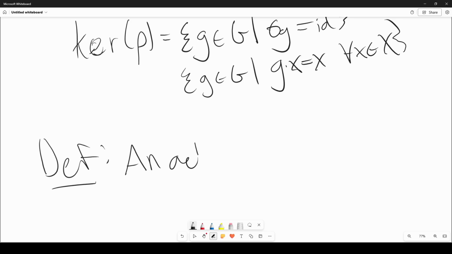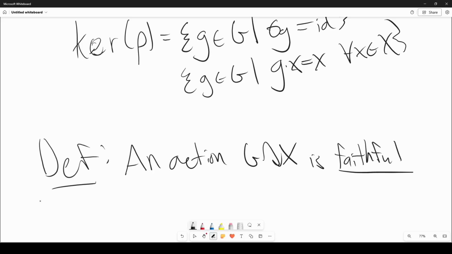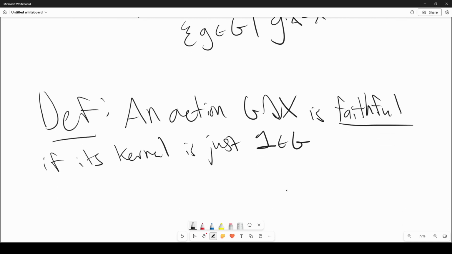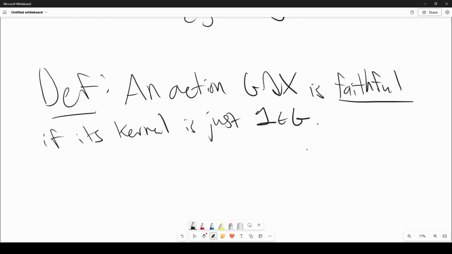An action of G on X is faithful if its kernel is just the identity in G. Or this is equivalent to saying that the kernel of rho is just equal to 1.